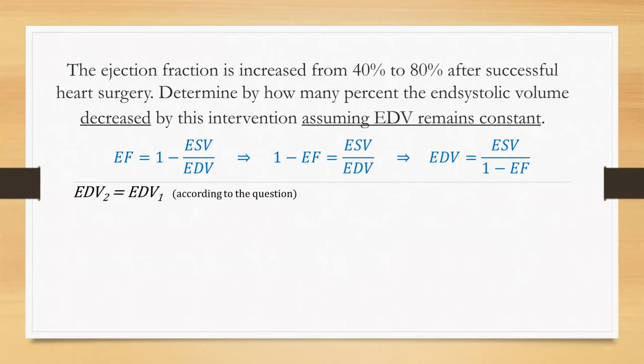According to the question, the EDV is constant, which means ESV upon 1 minus EF should also be constant. So we put ESV2 upon 1 minus 0.8, because we have to convert from percentage to fraction. And here we get the systolic volume later, which is ESV2, to be 0.33 times, or we can say 1/3 of ESV1.